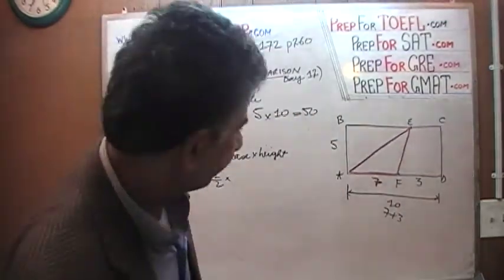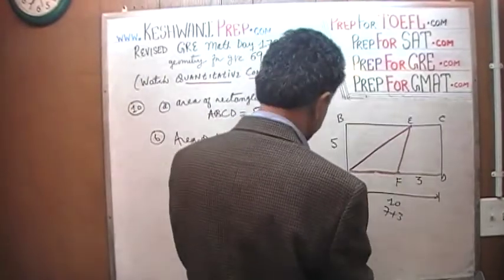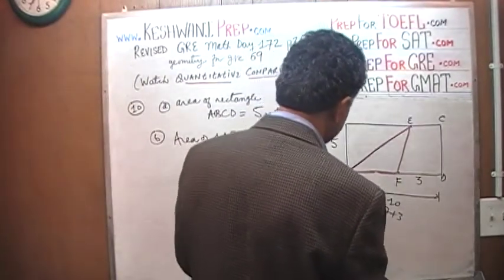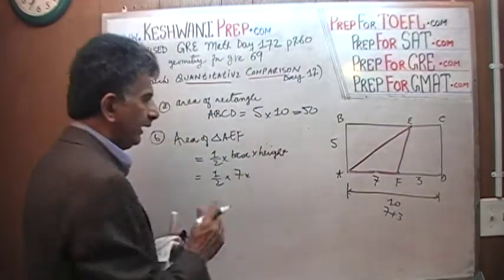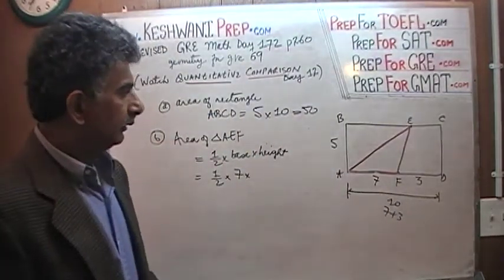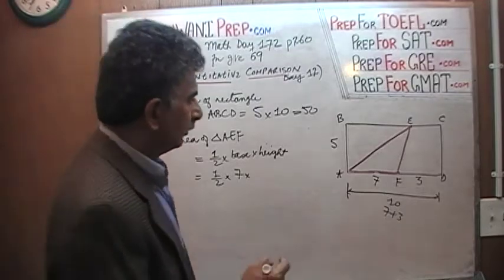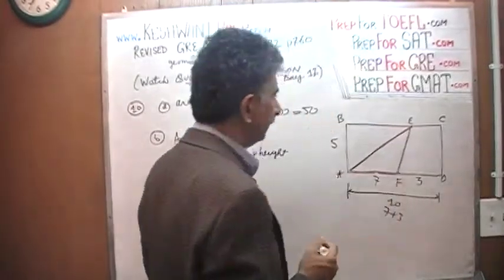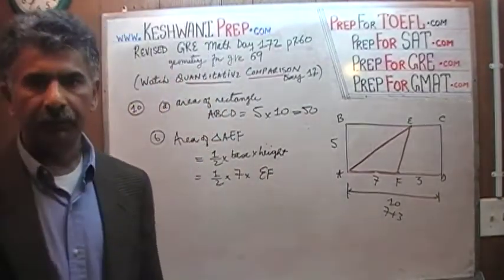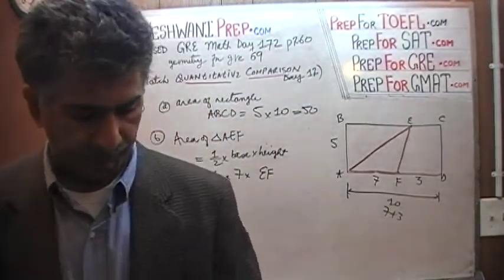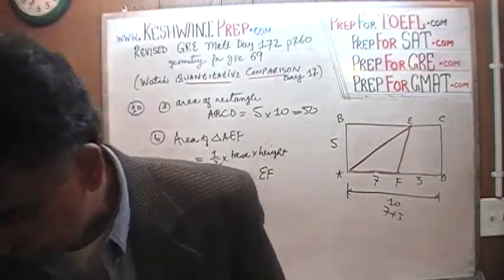What about the height? We do not know E to F, do we? We do not know how much is E to F. So how are we going to find out the area of this triangle? Well, that's a bit of a problem, isn't it?